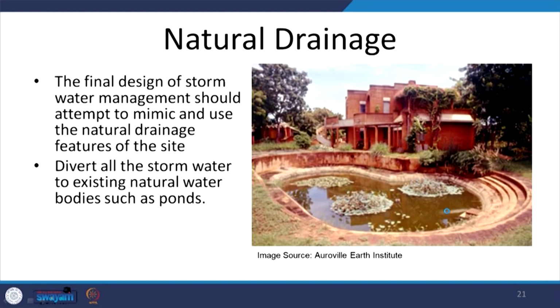Then natural drainage. Natural drainage is retaining the drainage pattern which was naturally occurring, which we have also talked about when we were talking about the natural topography.